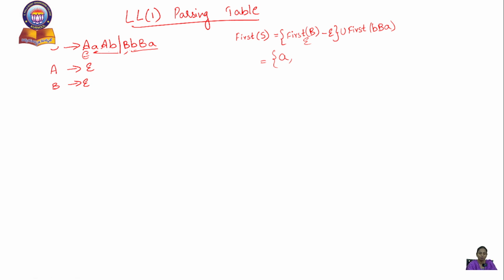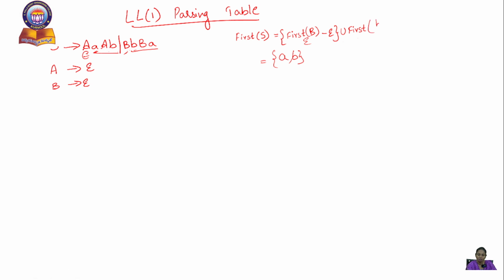So first of B is epsilon. So epsilon minus epsilon will be removed. Union first of B. First of B here is the terminal, so directly we can consider the terminal, and we need not consider anything further. Suppose again here it is a B. Again if it is a B, B has the epsilon, so we will consider the first of B and again the remaining production.